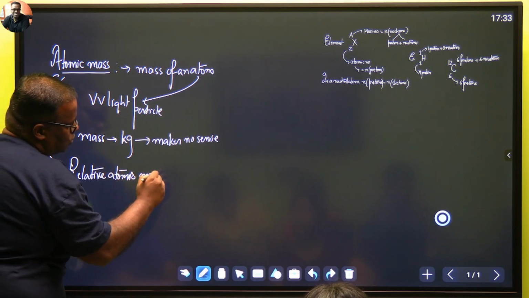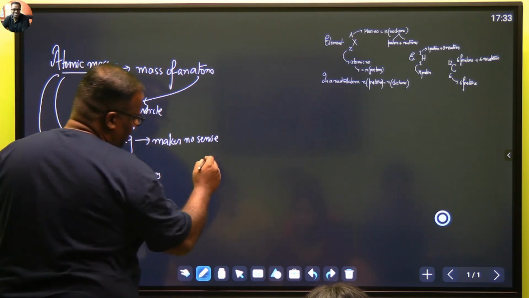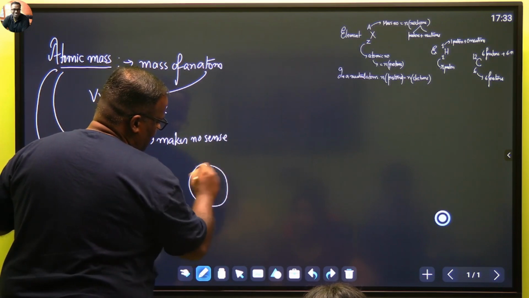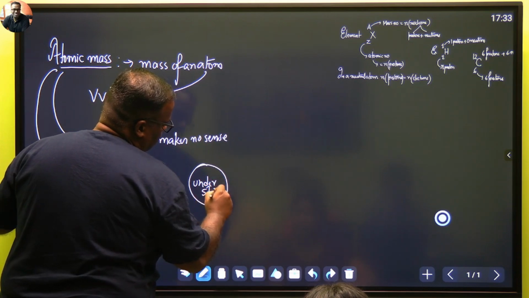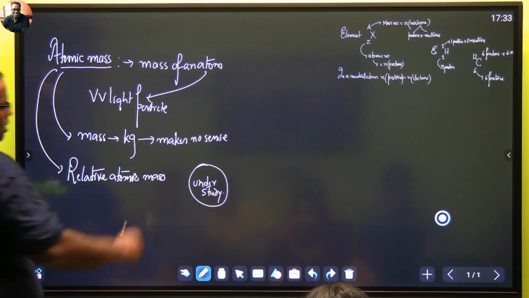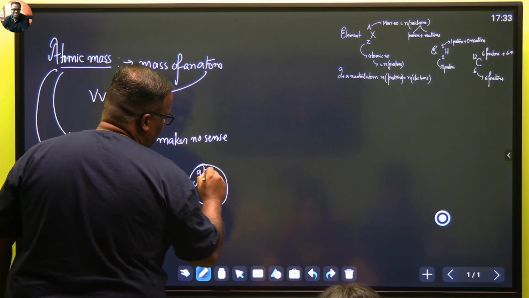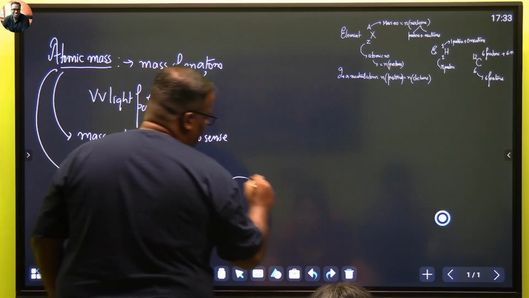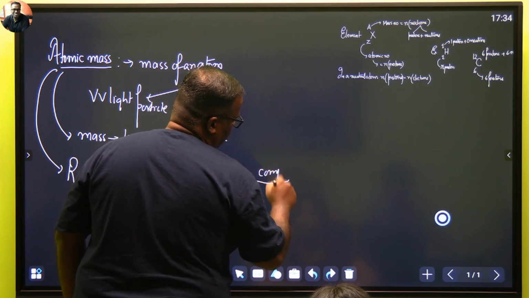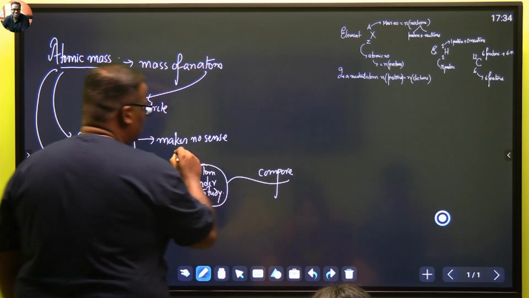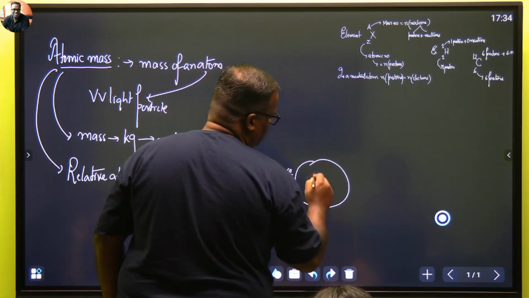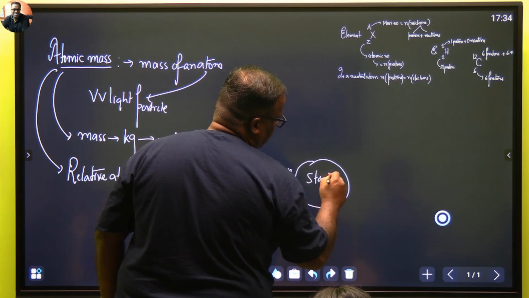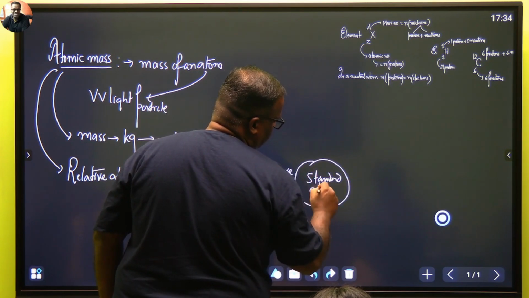Relative atomic mass means that the atom which is under study, whichever it may be, I call it the atom under study. What I will do is that I will compare the mass of this atom under study to some standard that I have made for myself, a standard atom.